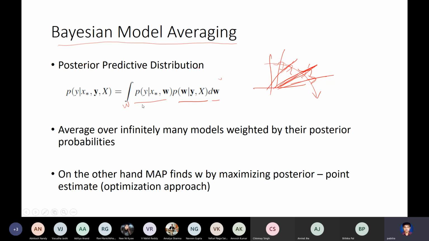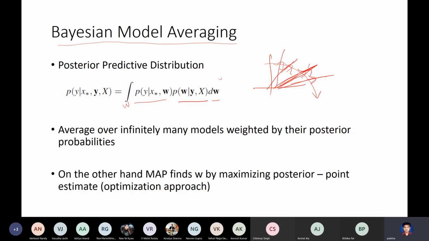So all the deep learning algorithms, in some sense, use this optimization approach. They optimize the posterior distribution, which network best fits the data. Best is the important word. Best fits the data and is picked up as a point estimate. And here we are not finding the best network.